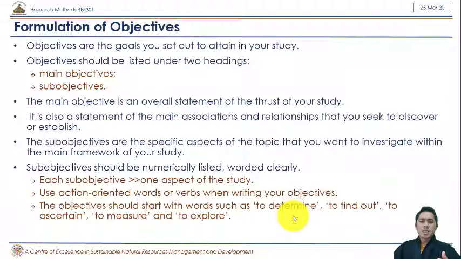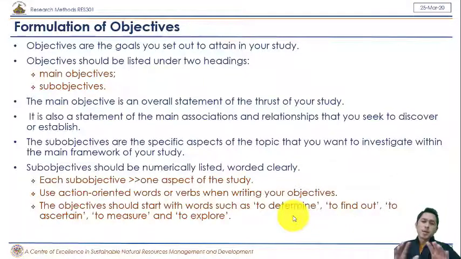So not to write to assess the diversity of lichens. Again, the second objective starts with to assess the distribution. Again, the third objective starts with to assess the distributional pattern. So that's not going to be good. Firstly, to study, to assess, and to explore, or to measure.